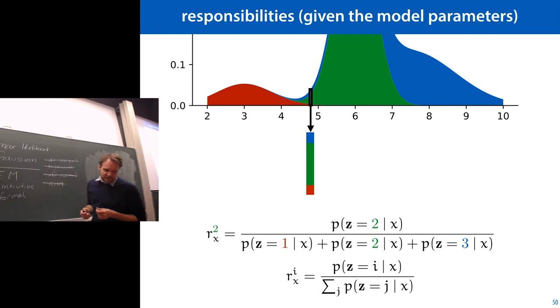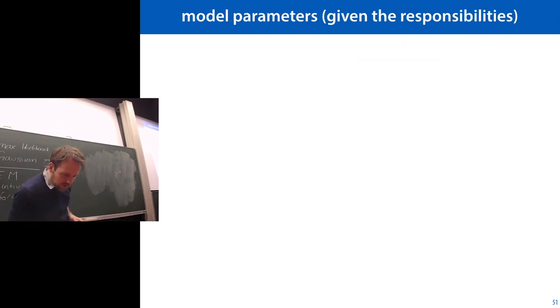So if we do that, then we have these responsibilities over all the points. So now we can work out how to fit a Gaussian model to this weighted data set. This data set where some points are very important and some points are not important at all.